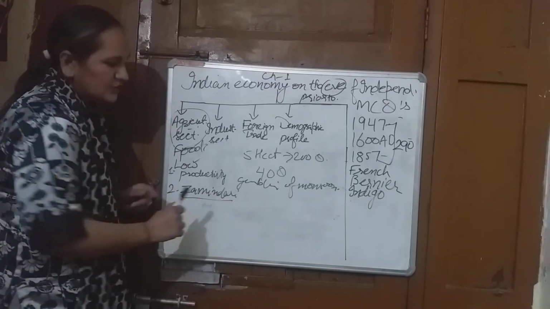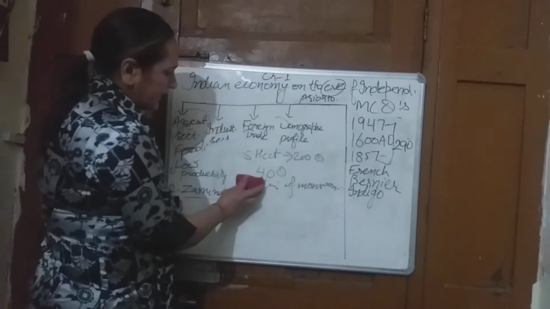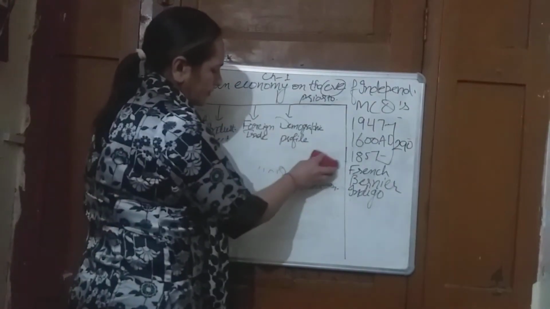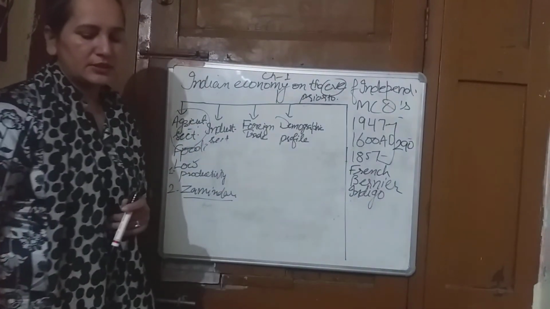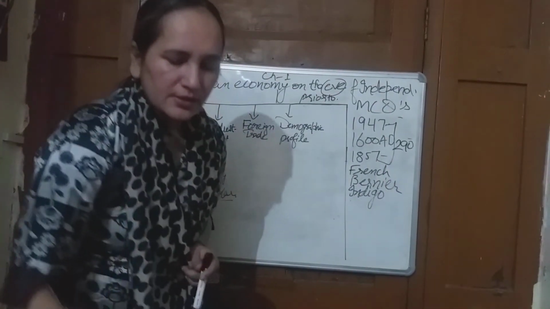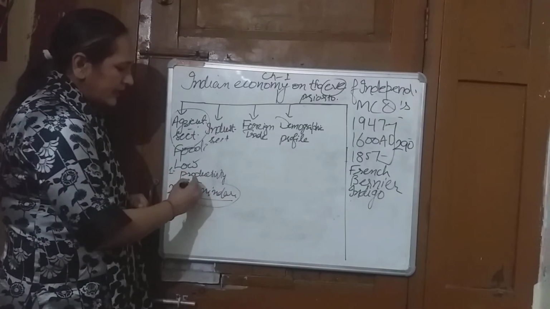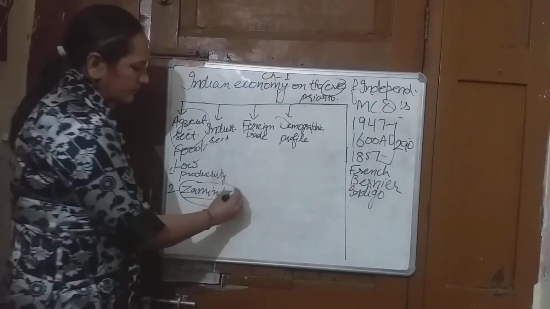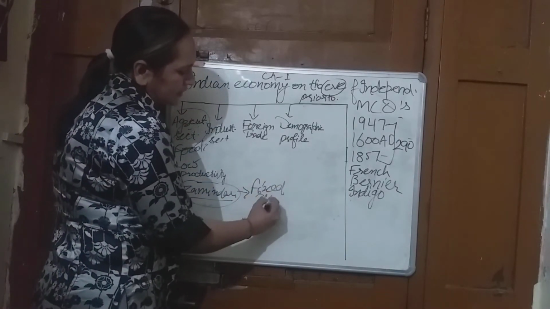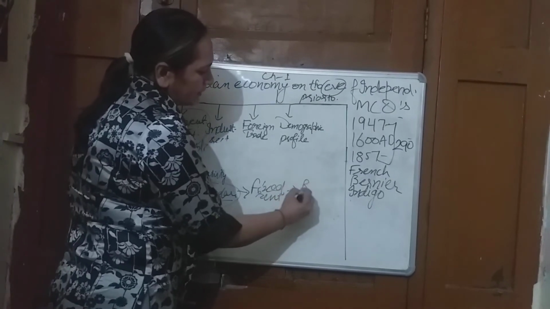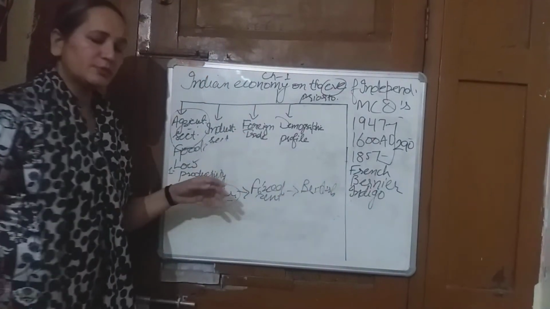Second point is the Jamidari system. It was a unique system introduced by the Britishers. Under this system, the British government appointed some Jamidars. These Jamidars were the owners of the land, and they used to pay a fixed amount of rent to the British government, and they were free to charge whatever they wanted.